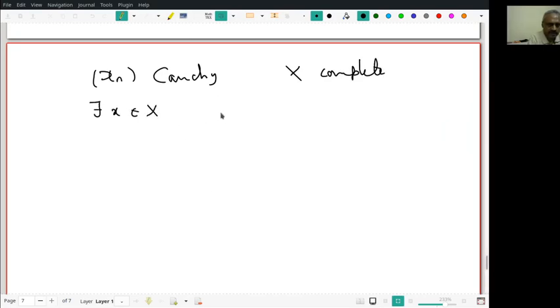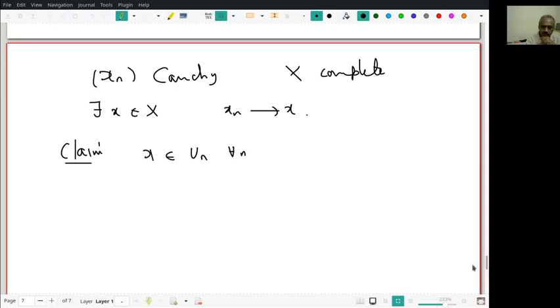Now, therefore, xn is Cauchy and X is complete. Therefore, what do I know? I know that there exists an x in X such that xn converges to x. Now we want to claim my x belongs to Un for all n.